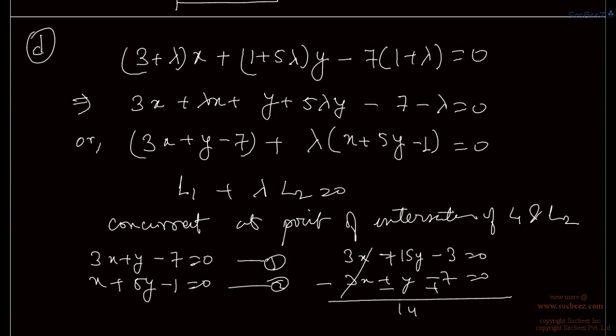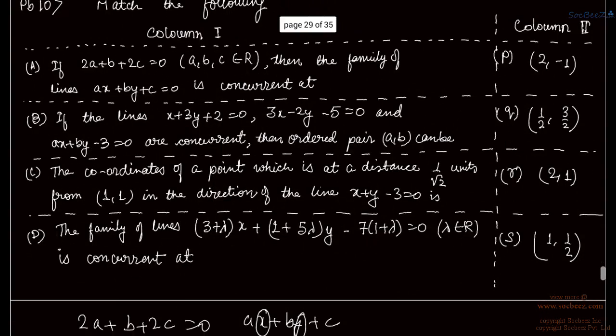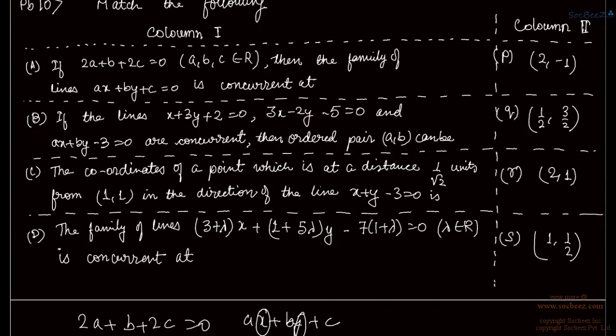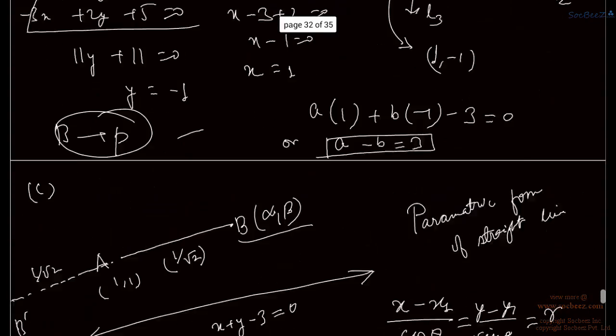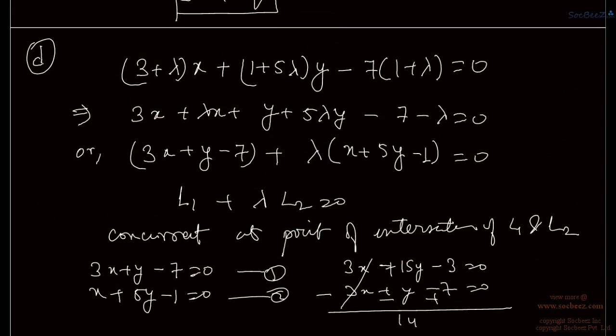Let us check the equation again. We have (3 plus lambda)x plus (1 plus 5 lambda)y minus 7 times (1 plus lambda), which gives 3x plus lambda x plus y plus 5 lambda y minus 7, and here it should be minus 7 lambda instead of lambda.